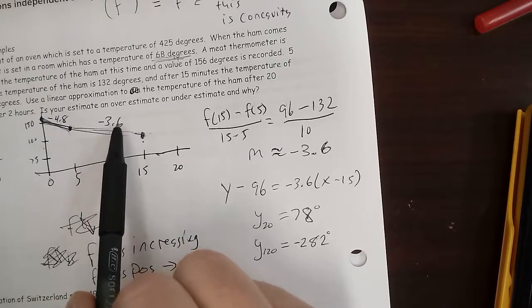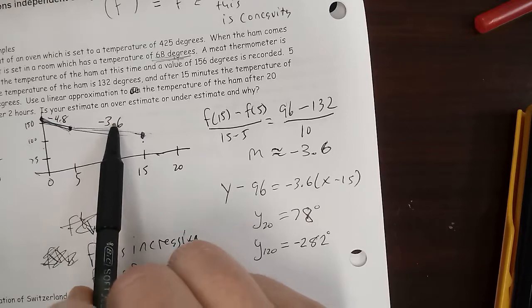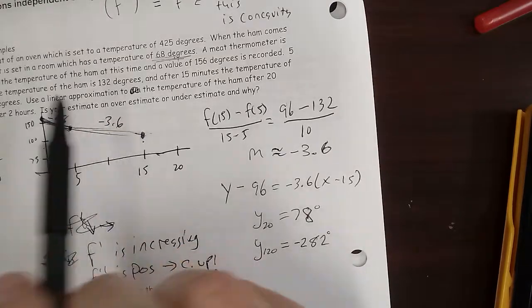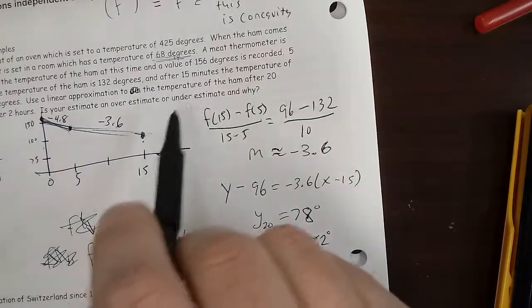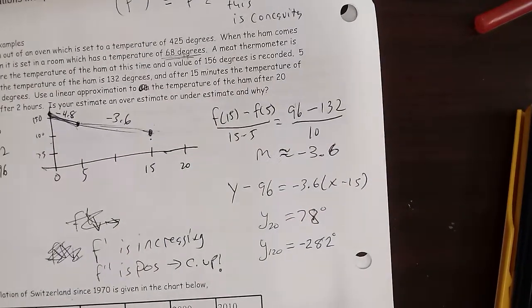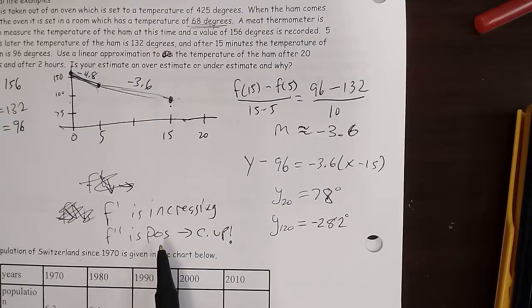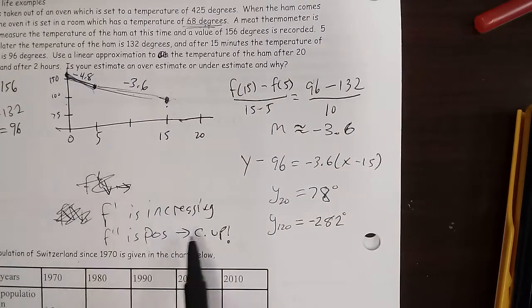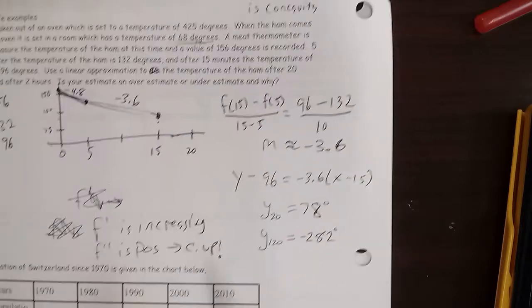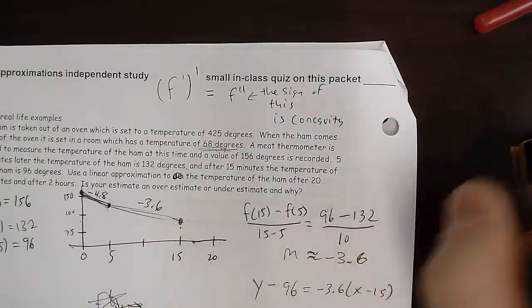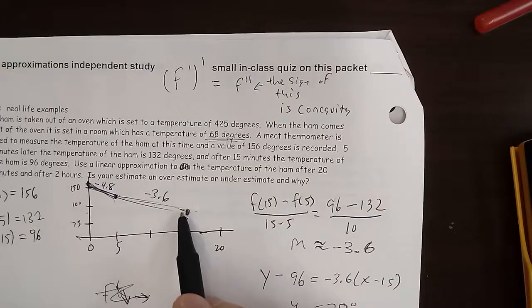And so if F prime is increasing, its derivative needs to be positive because F prime is slowly going up, even though it's currently a negative value. So since F prime is increasing, its derivative is positive, and that tells us that the original F is concave up.